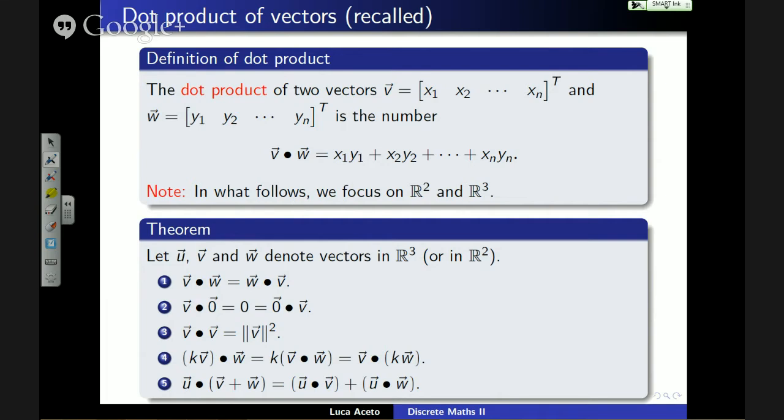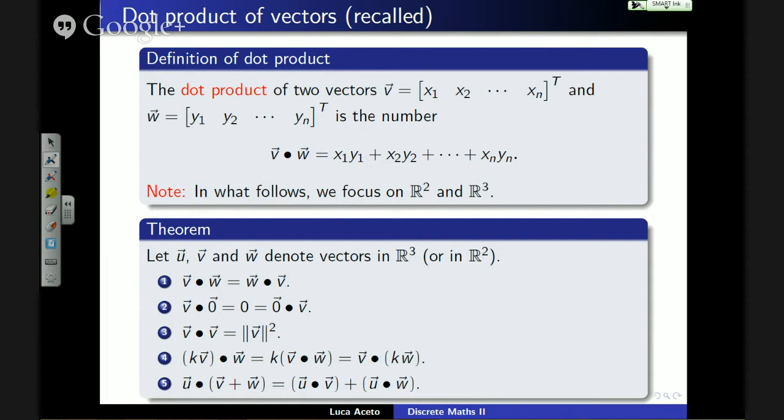This works in any dimension n, but in our examples, we will focus on R2 and R3. Even though in most computer science applications, you actually want to do the dot product of very long vectors. Thousands and sometimes hundreds of thousands, sometimes millions of entries.